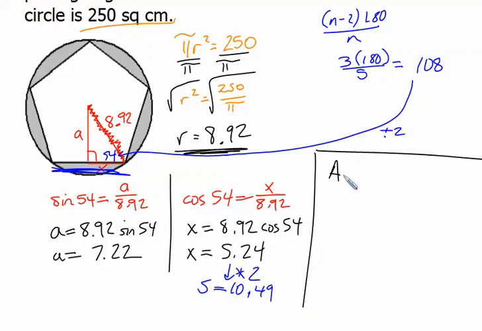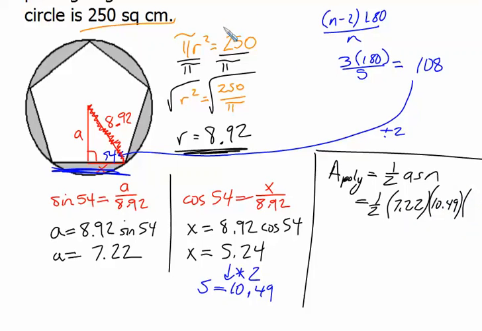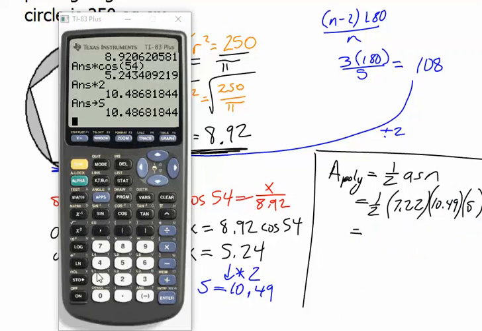Next, we are going to calculate the area of our polygon, which is 1/2 A S N. Show what you're plugging in. So the A is the 7.22, the S is the 10.49, and the number of sides in this polygon was 5 because it's a pentagon. We'll go back to our calculator and we'll type that in. So it's 1/2 times our apothem times our side length times 5.